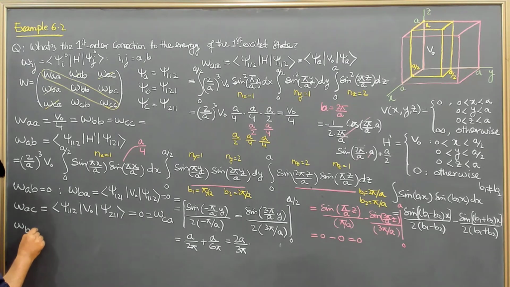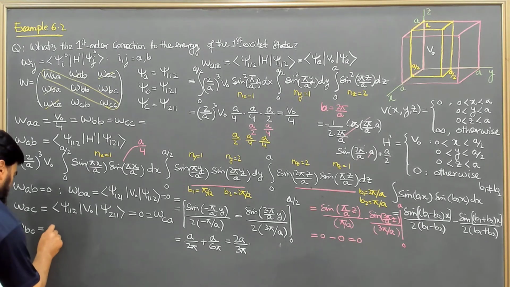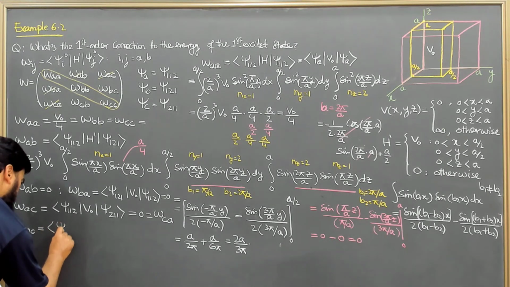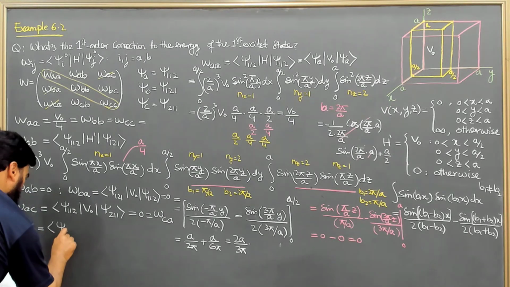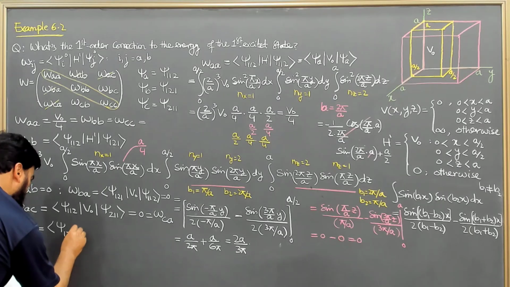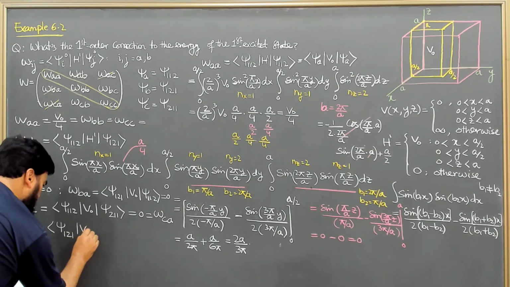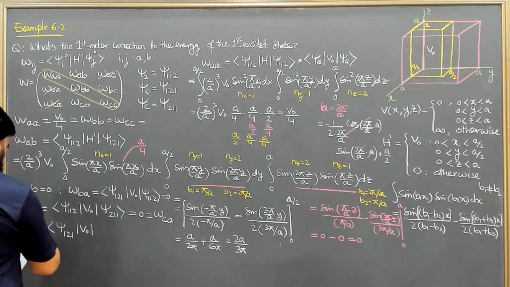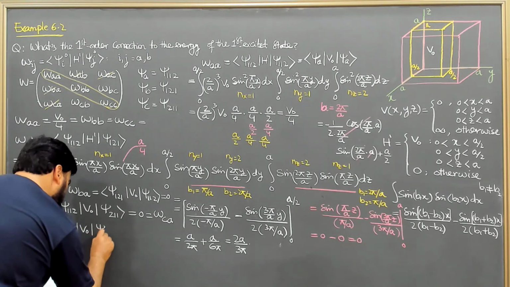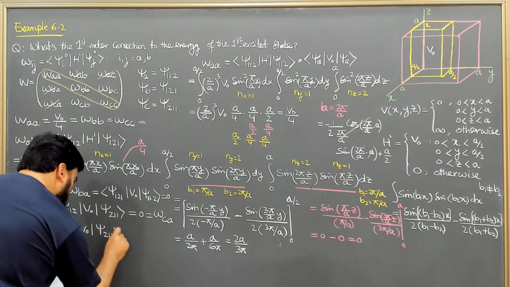WBC is equal to psi, and it is B. So B means 1, 2, 1, and then V naught, and then this is C, so it means psi 2, 1, 1.